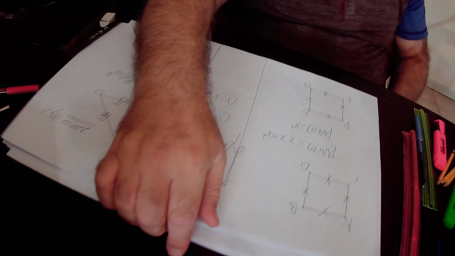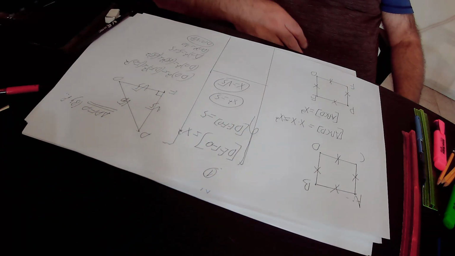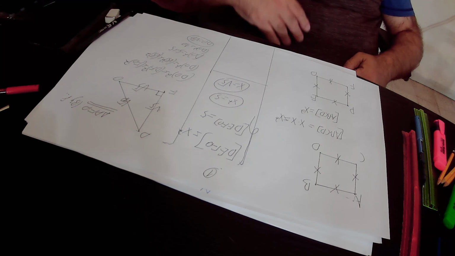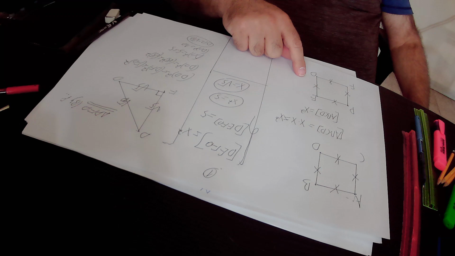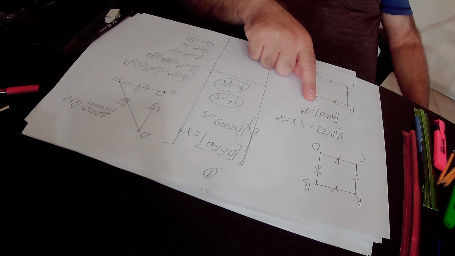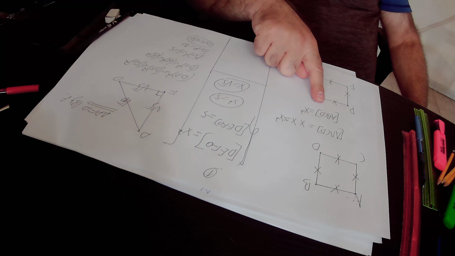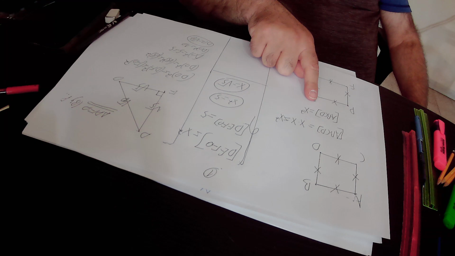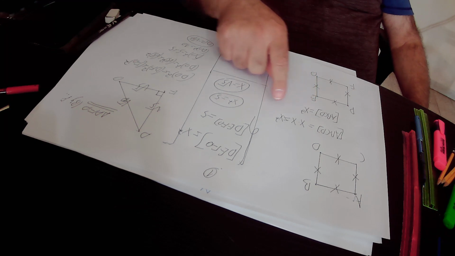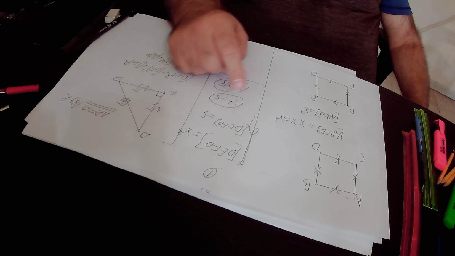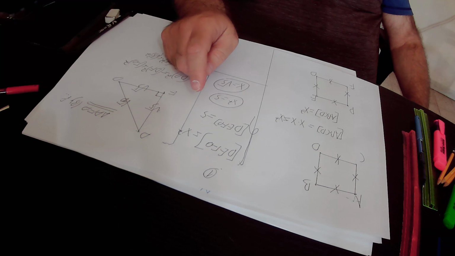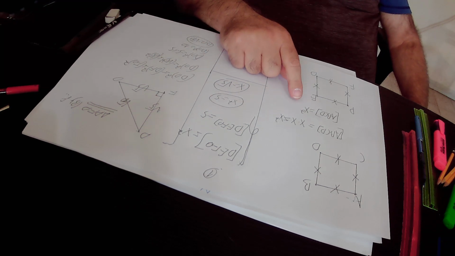So for one side, if we define this one side of this square DEFO as x, we know that the area of this square must be equal to x squared according to this formula. This is the area of square ABCD. That could be any square. Therefore, it could also be square DEFO, and the area of square DEFO, if one side is equal to x, will be equal to x squared according to this formula.